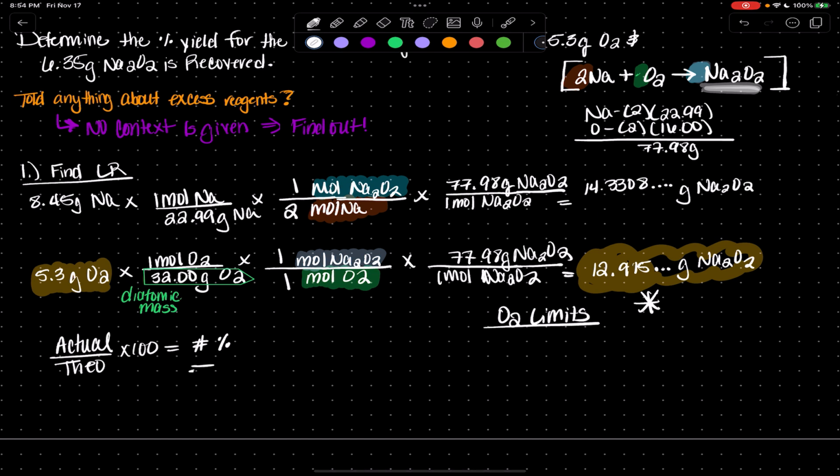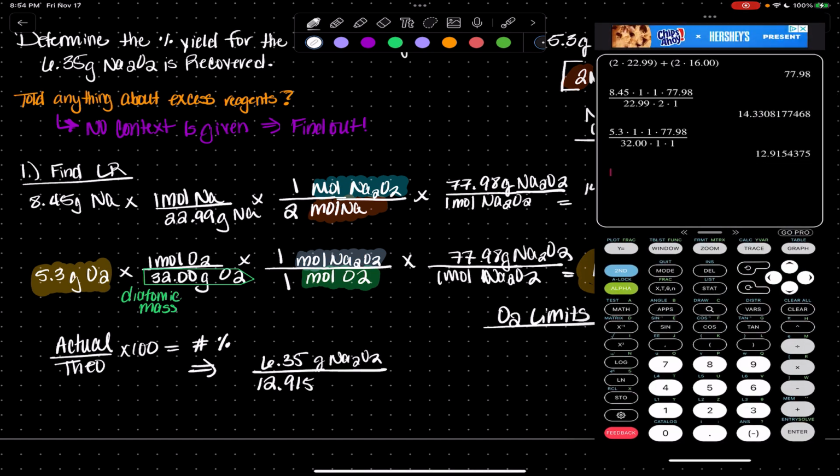So that actual came from the problem. 6.35 grams of Na2O2 over the theoretical one of 12.915 and change grams of Na2O2.